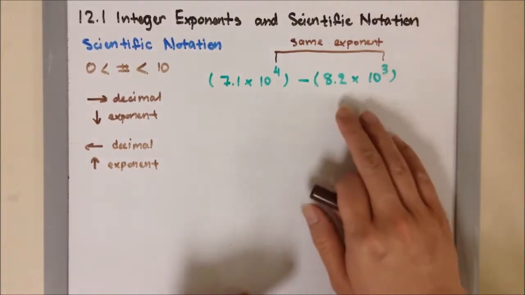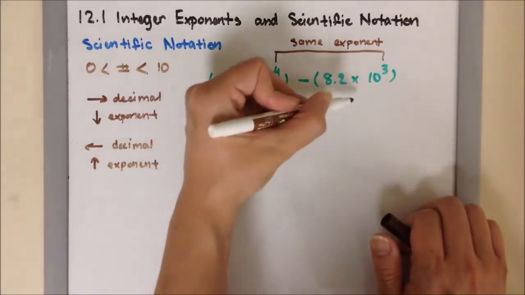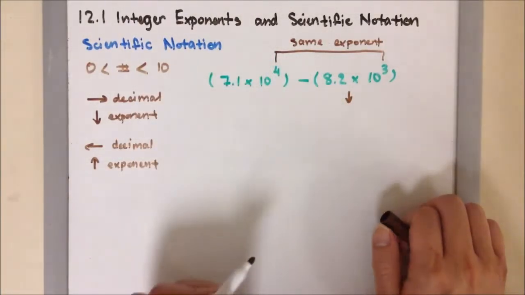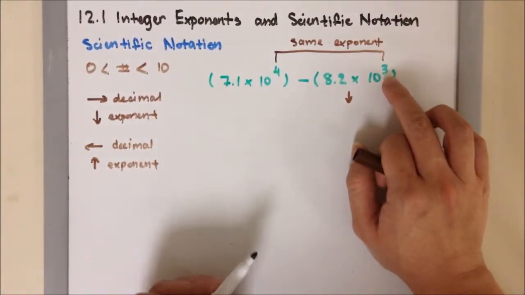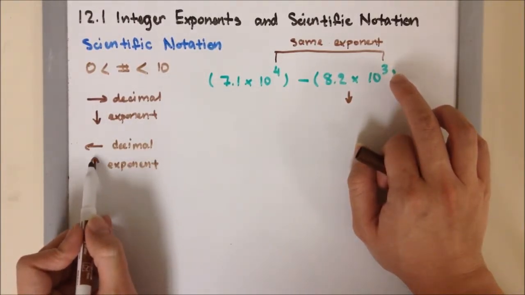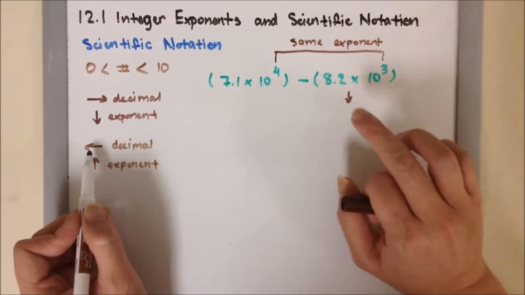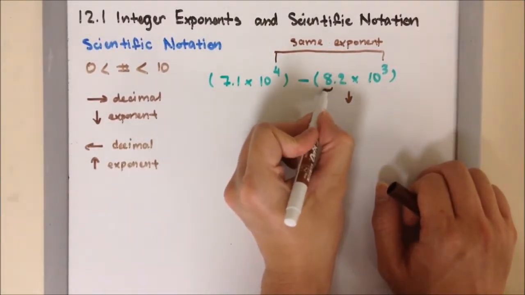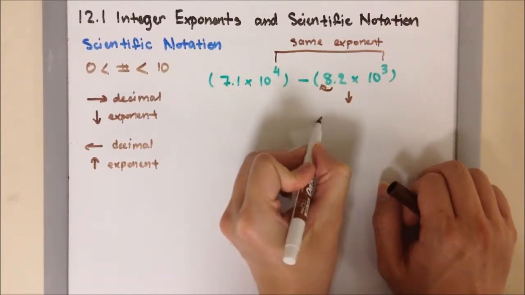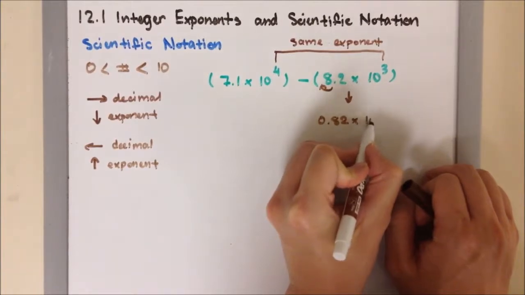So we're going to convert the 10 to the 3rd power into 10 to the 4th power. I'm going to increase 3 to 4 by 1. If I'm increasing the exponent by 1, that means I need to move the decimal to the left by 1 space. So it's going to be 0.82 times 10 to the 4th.